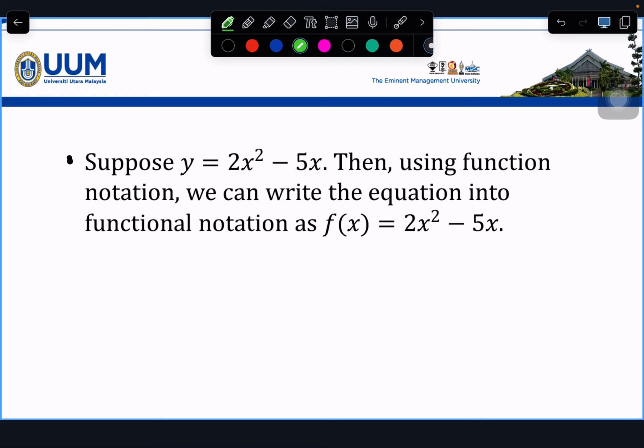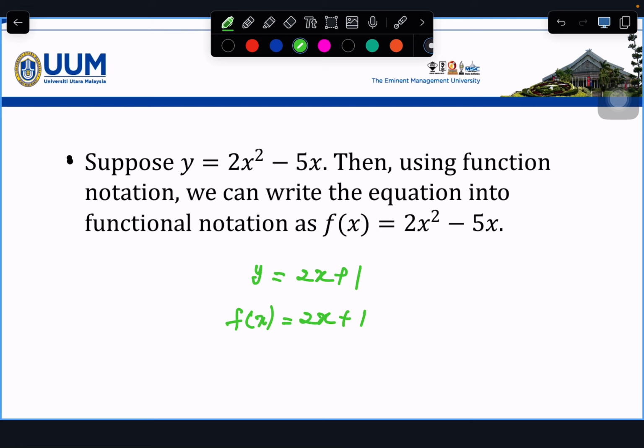This one, we have two examples here. Let's say in high school, probably you see like y equals to 2x plus 1 and f(x) equals to 2x plus 1. They are the same, right?